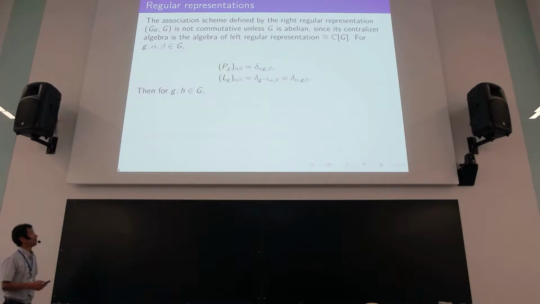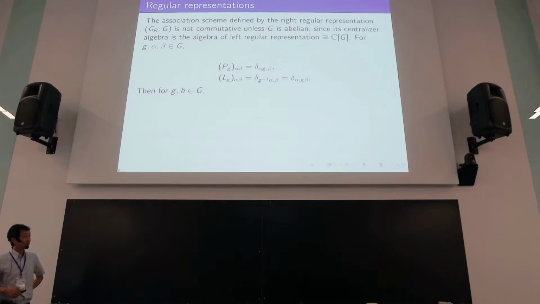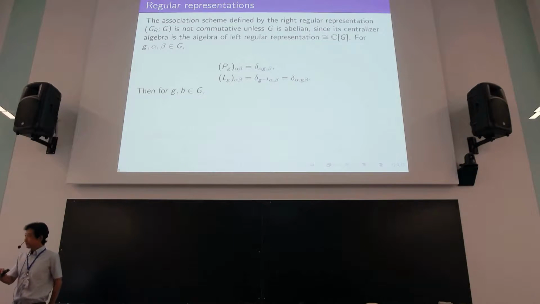That is, the group element g is multiplied from the right onto an element alpha of the set, but in this case the set is just G itself. So instead of writing alpha to the power g, I just write alpha times g. That's how g acts from the right on itself.